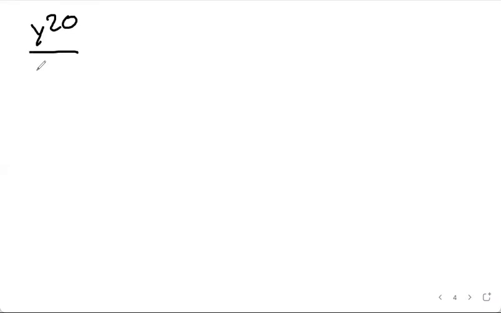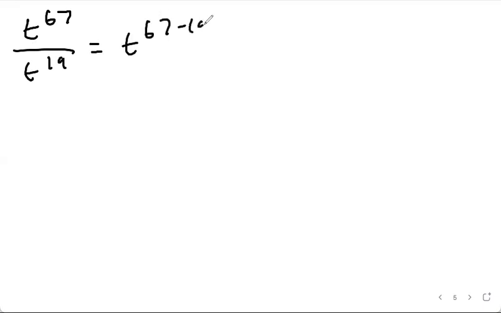Let's do another one. Let's do y to the 20th divided by y to the 13th. Once again, you subtract the exponents and you get y to the 7th. Let's do one more. Let's do t to the 67th divided by t to the 19th. Once again, subtract the exponents.